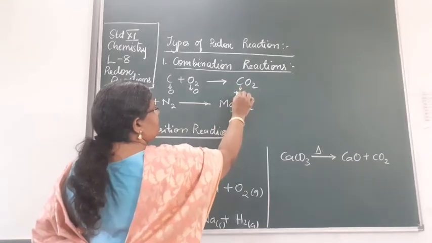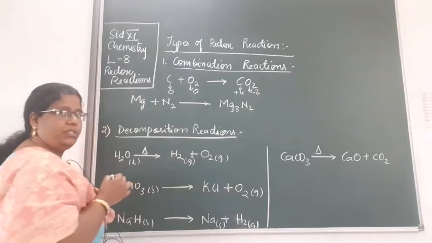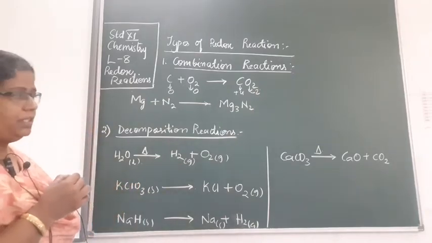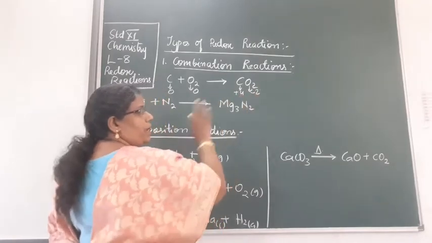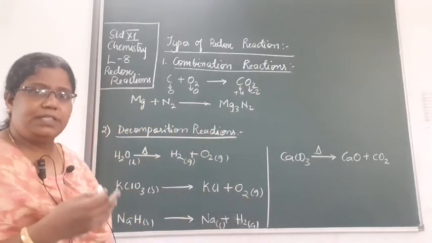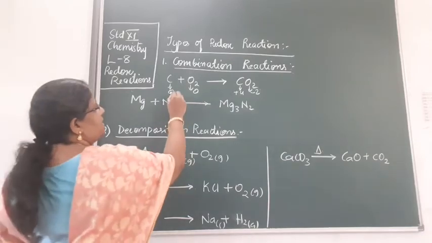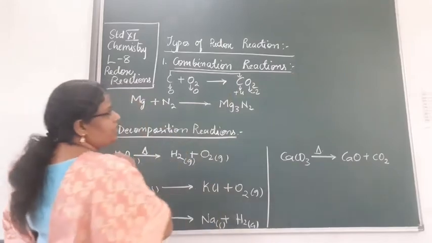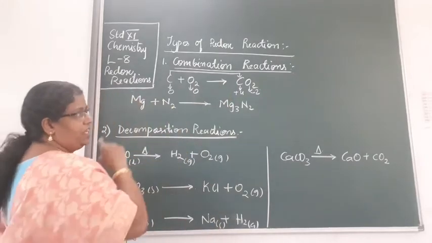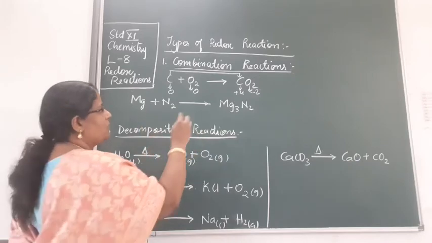Here carbon will have +4 oxidation state and oxygen will have -2 oxidation state, isn't it? यहाँ पे x -4 equal to 0, so x will be equal to +4. So here C goes from 0 oxidation state to +4 oxidation state. That means oxidation is occurring, increase in oxidation number. So therefore that is oxidation.